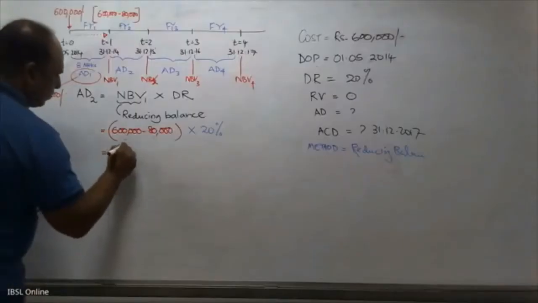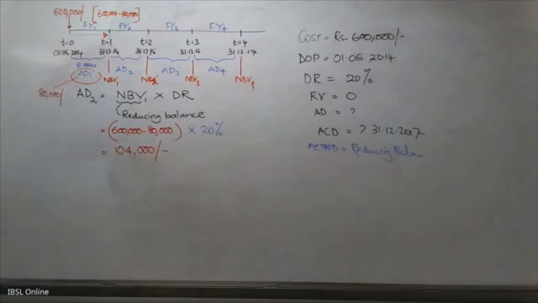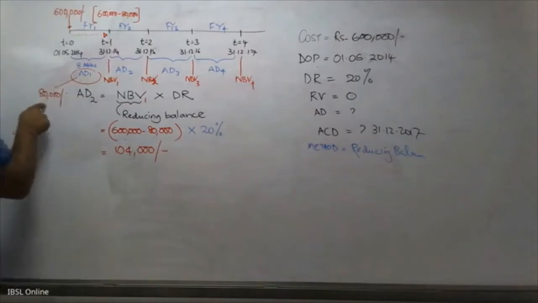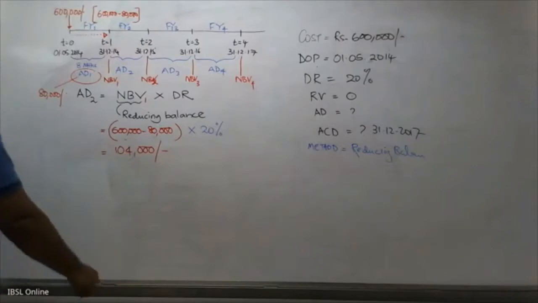Yes, sir. 104,000. So AD1 was 80,000, but when you go to AD2, it is 104,000.